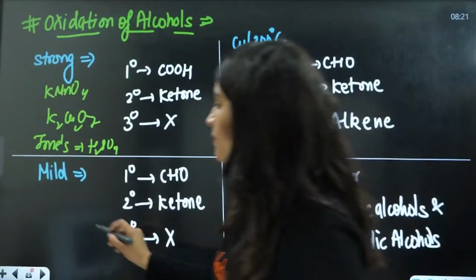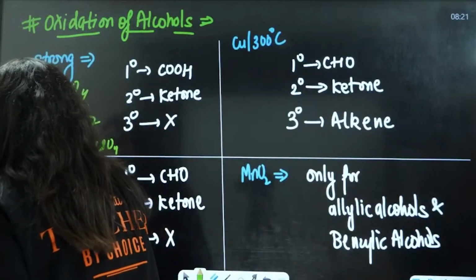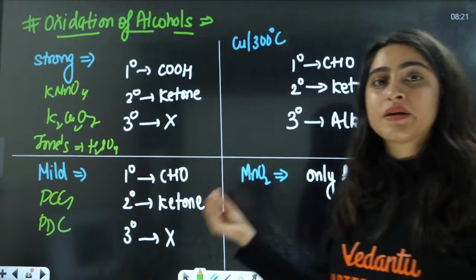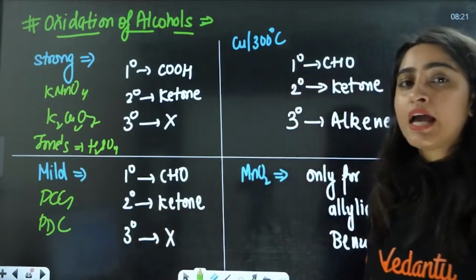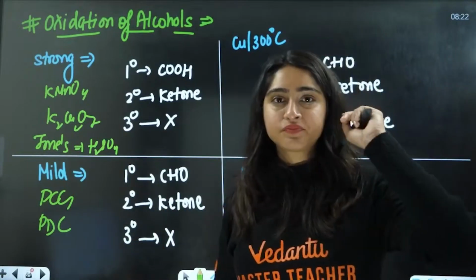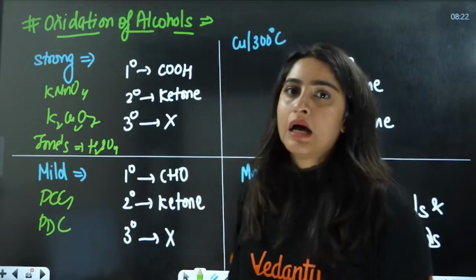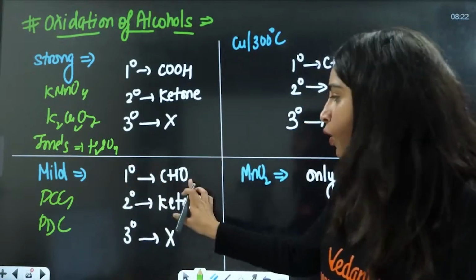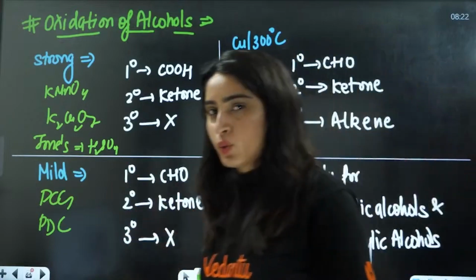Mild ones can be PCC and PDC. Jones reagent in presence of acetone is also mild. If nothing is mentioned, Jones reagent is a strong oxidizing agent. With a mild oxidizing agent, 1 degree alcohol gives CHO, 2 degree gives ketone, and 3 degree gives no reaction.